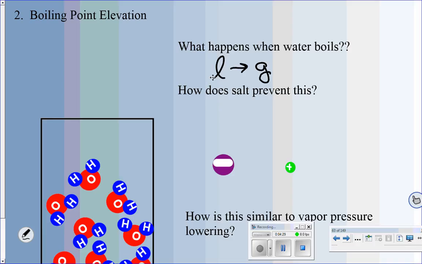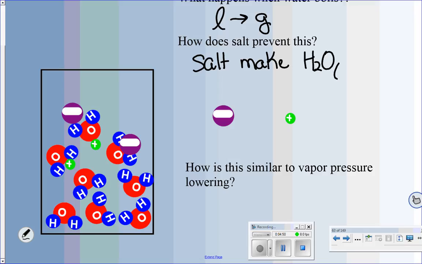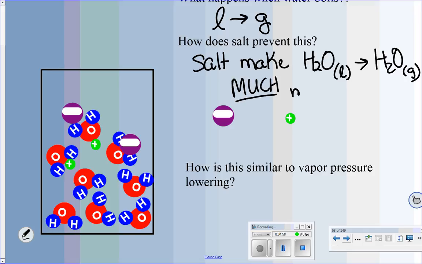Just like we talked about on that other slide, if we start throwing these salt particles in here, they are going to make the transition for water to go from liquid to gas much more difficult. It's the same idea, almost like tying a rock to a balloon that's trying to float away.